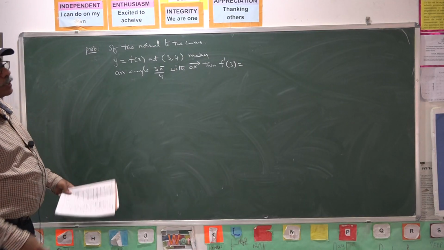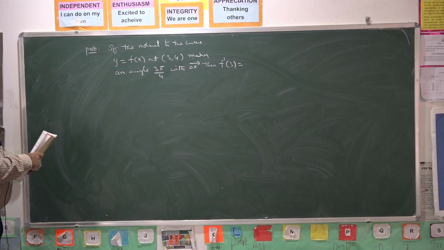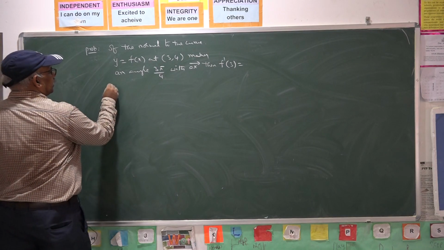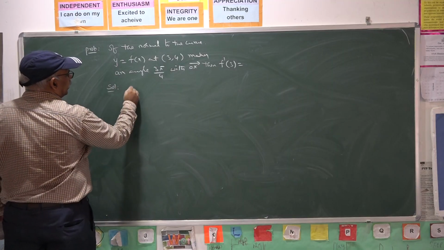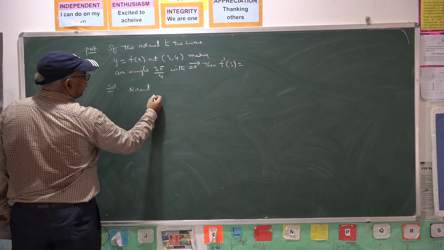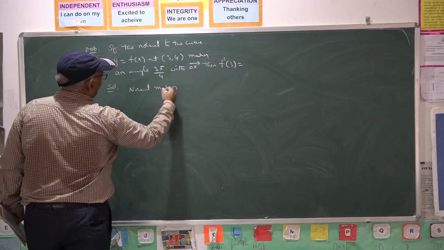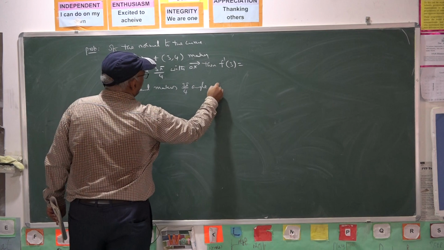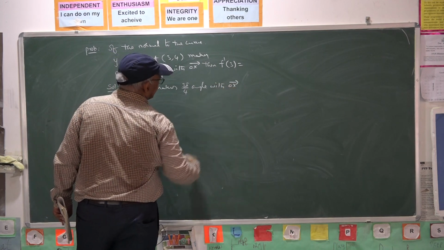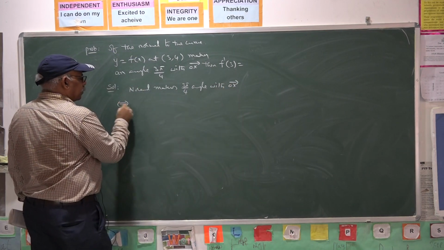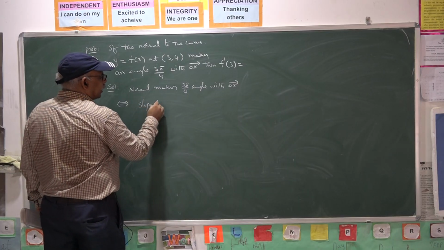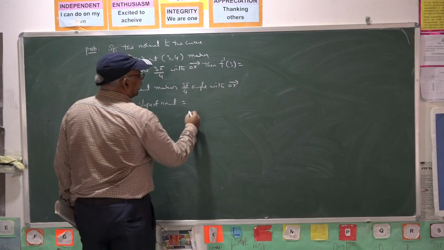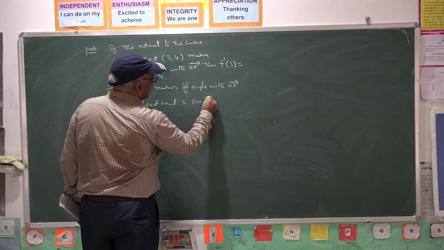The normal is making 3 pi by 4 angle with OX. That is the given data. Normal makes 3 pi by 4 angle with positive direction of x-axis. That implies slope of normal is tan 3 pi by 4.